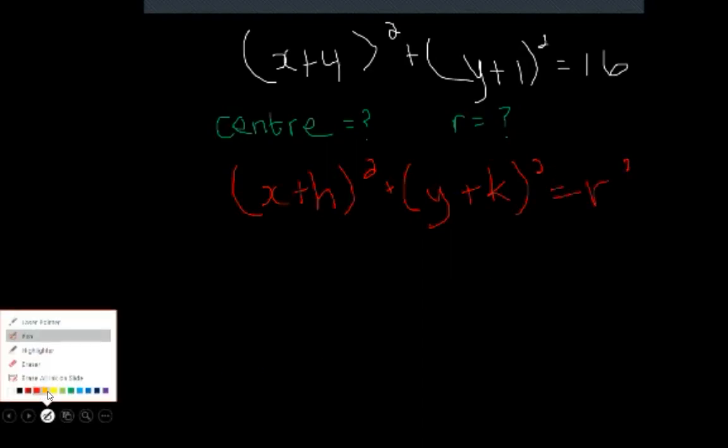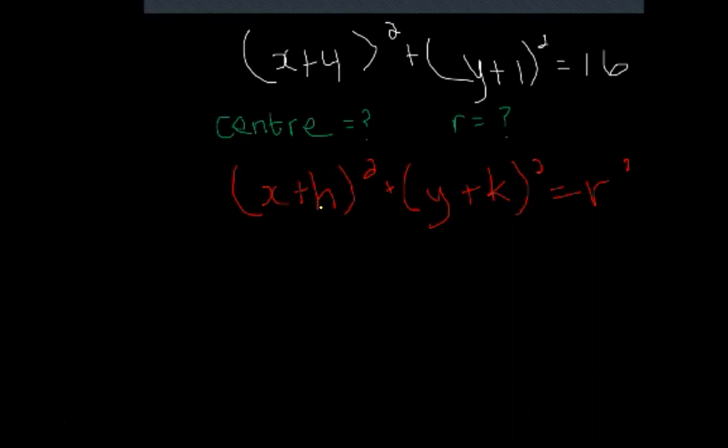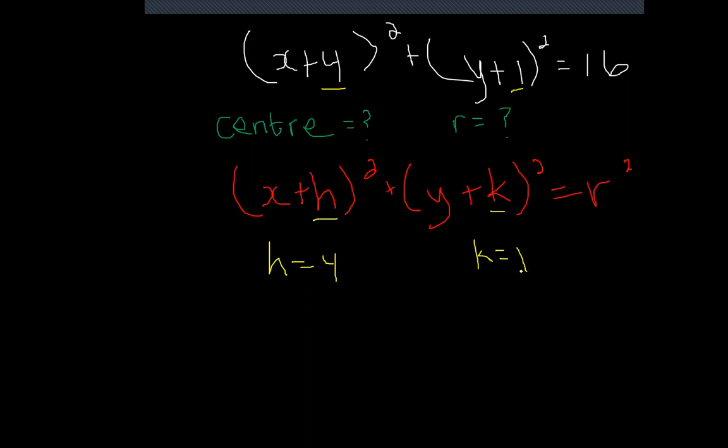If I compare the standard form to this that they gave me, the standard form of this particular circle, we could deduce that h would be equal to 4. h is equal to 4. k would be equal to 1. k is equal to 1. And r squared is 16. r squared is equal to 16.